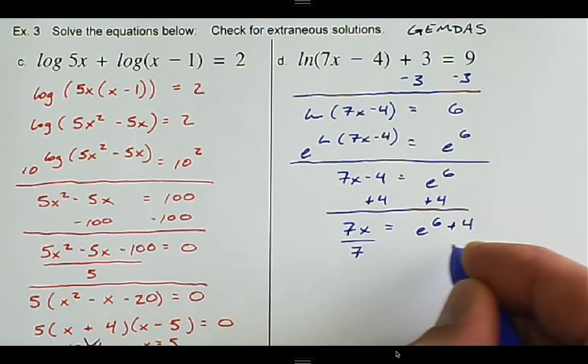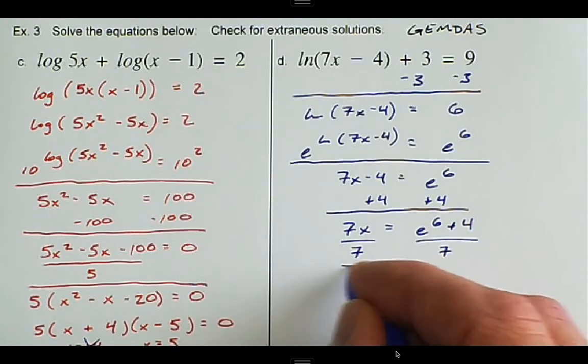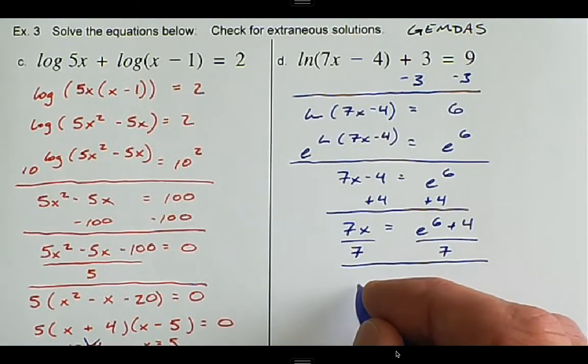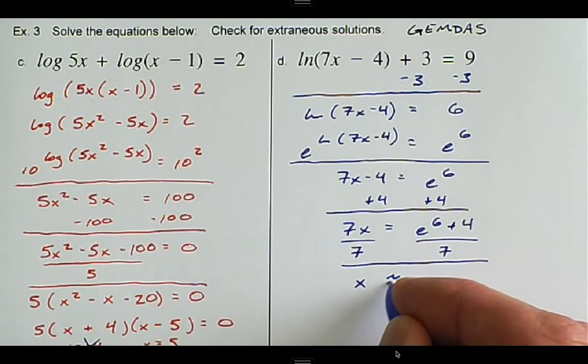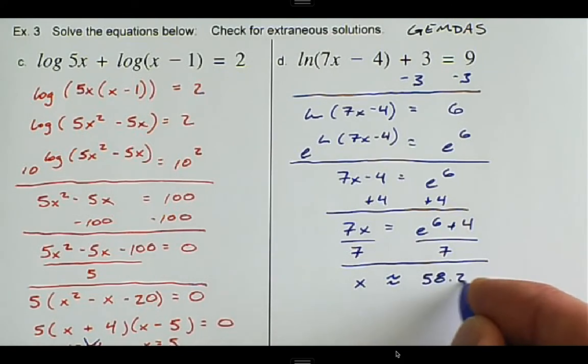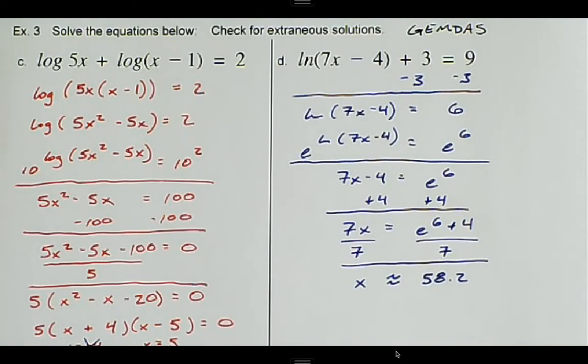And divide by 7, and we get x is approximately equal to 58.2. And that's a pretty close estimation there.